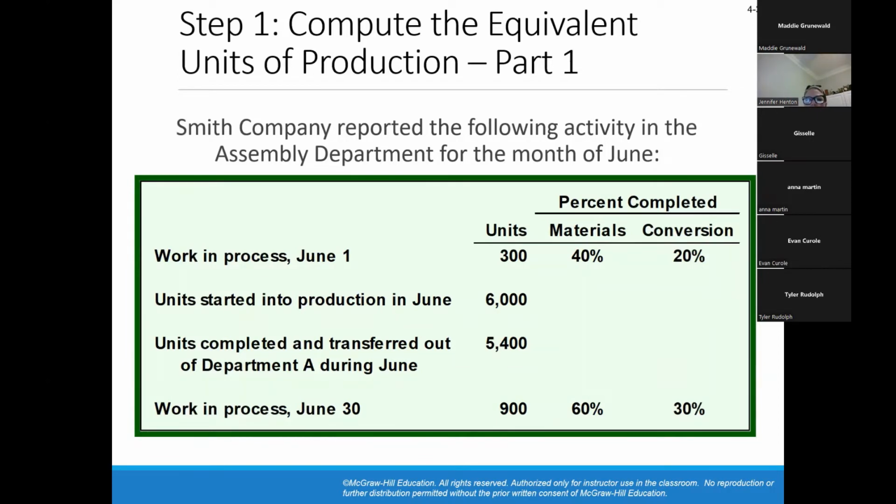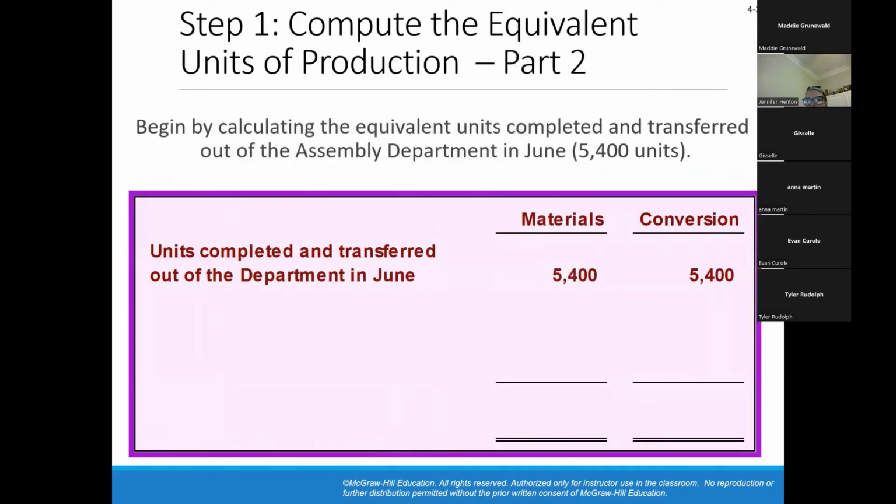Units started in production in June were 6,000, and the units completed and transferred out were 5,400. It was transferred out of Department A. In the ending work in process at June 30, we had 900 units. 60% was complete for materials and 30% was complete for conversion. So let's go ahead and look at how to compute it.